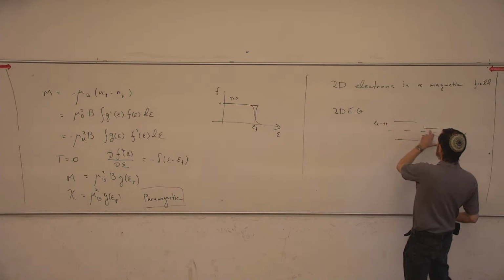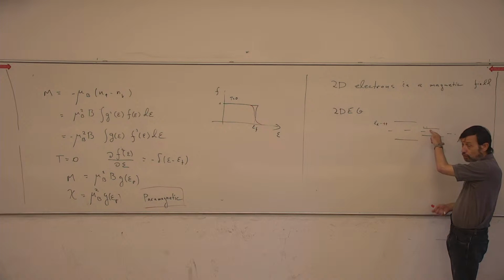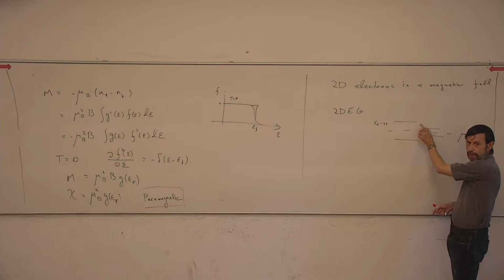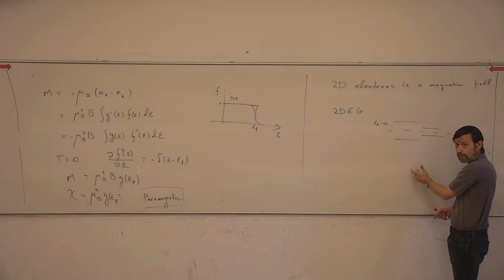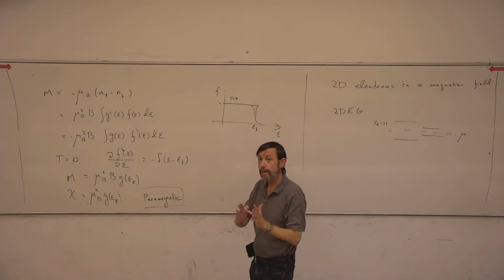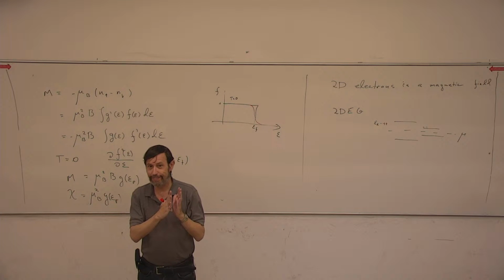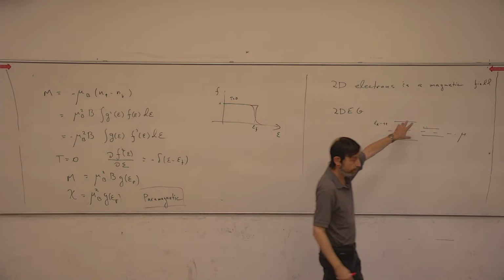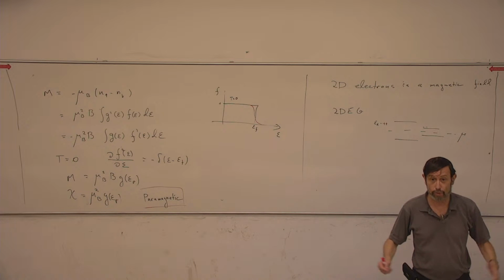Would all of them move here? No, because you are creating an electric potential. So they will accumulate on the boundary. And you can create a very thin boundary of electrons here, which is essentially two-dimensional.